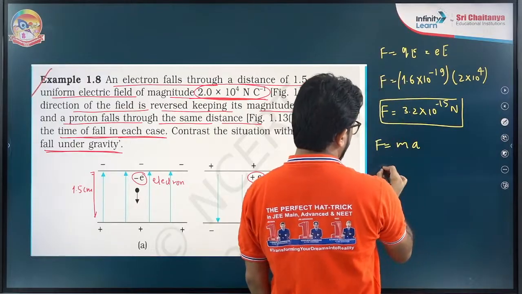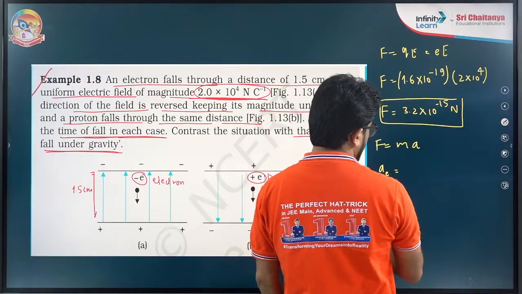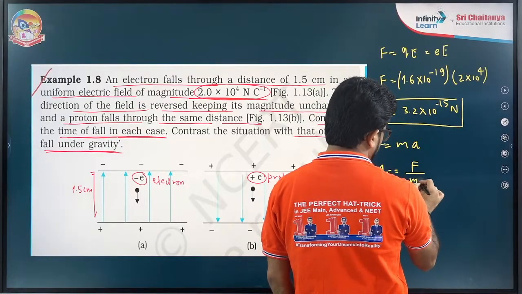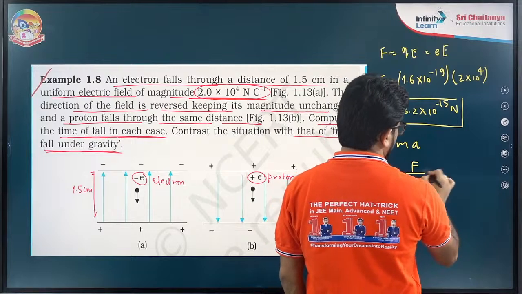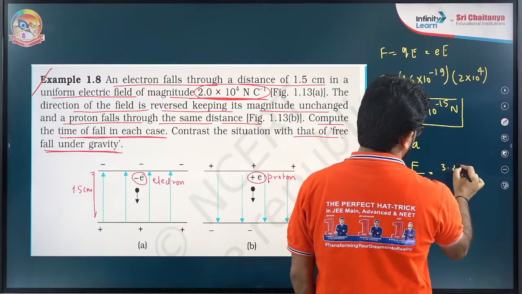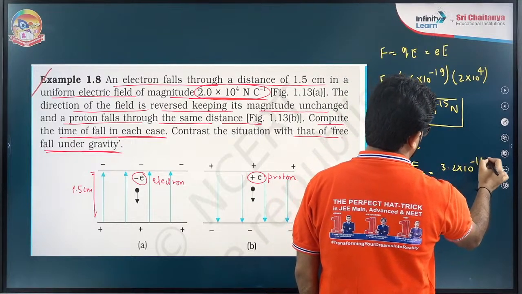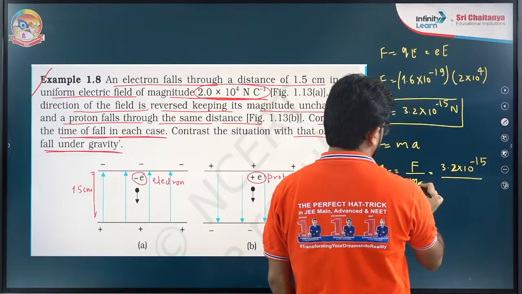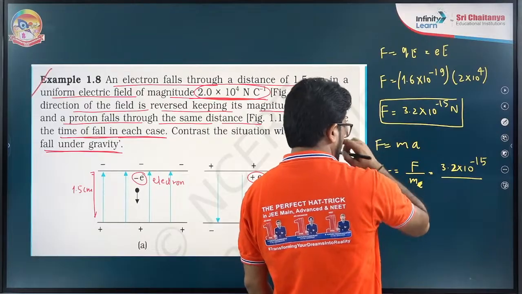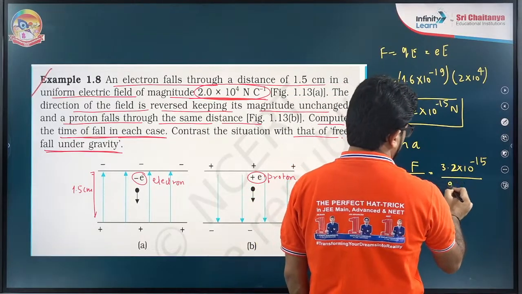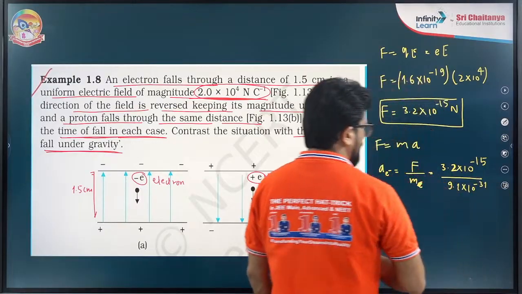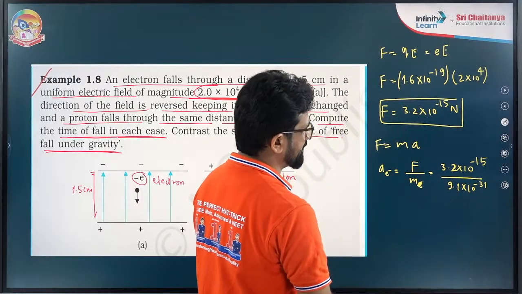So for the electron, a of electron is equal to the force upon the mass of the electron. Force is 3.2 into 10 to the power minus 15, divided by the mass, which is given as 9.1 into 10 to the power minus 31.